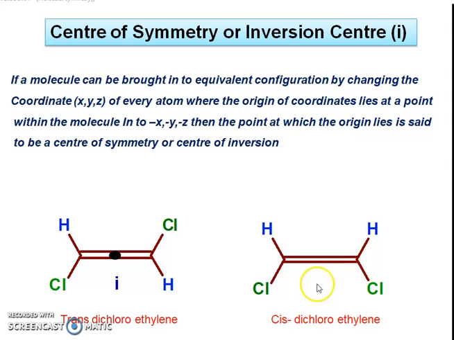Before we see these examples, we saw that a center of symmetry exists in molecules where all the atoms, except a unique atom lying at i, occur in pairs and must be placed diagonally opposite each other. The reason is that each atom must have a twin that can be exchanged during the inversion operation.